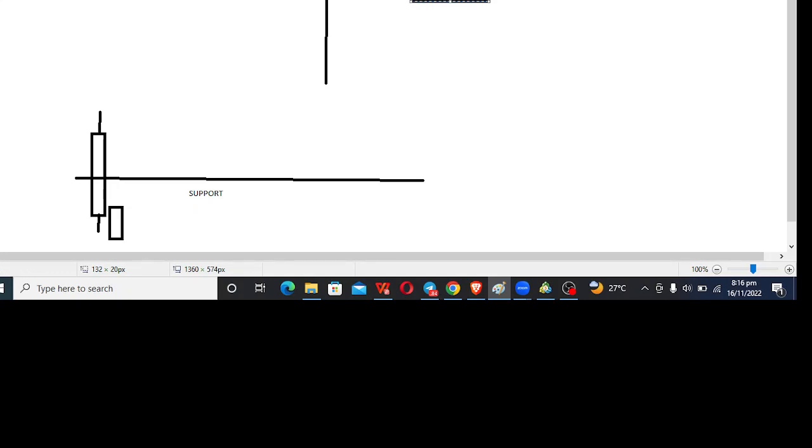It can equally look like this. So we have bullish and then bearish pin bars. So this is a bullish pin bar, and then the opposite would look like this.